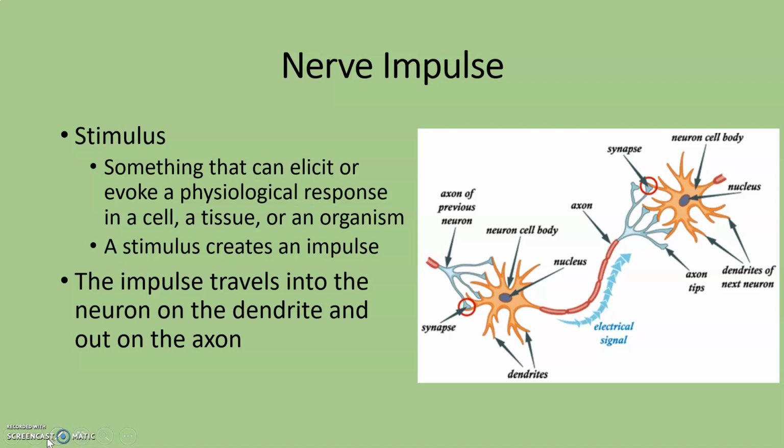Now that we've looked at basic structures within the neuron, we're now going to talk about the nerve impulse. Nerve impulses are sometimes called action potentials, and they are waves of electrical activity that are going to travel along the neuron.